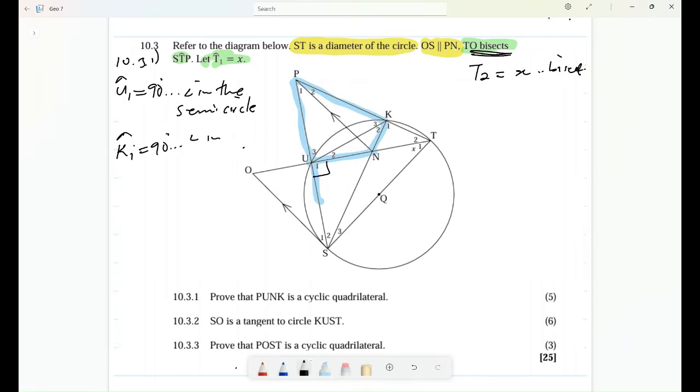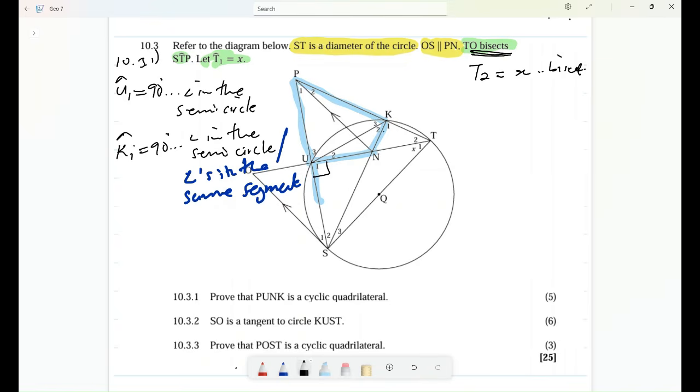Why? Angle in the semicircle. Or you can use this reason. Since you now see this is a bow tie, one might prefer using angles in the same segment. Either way, it's the same, whichever you saw first.